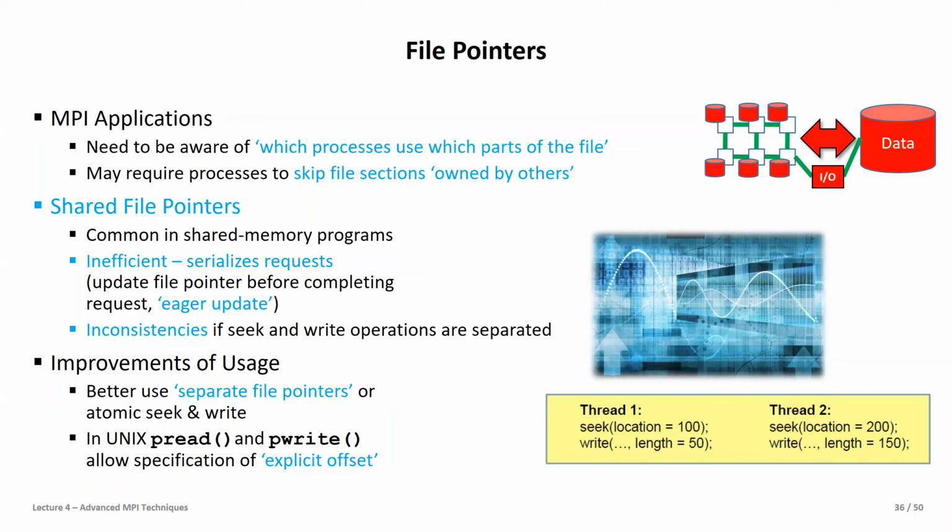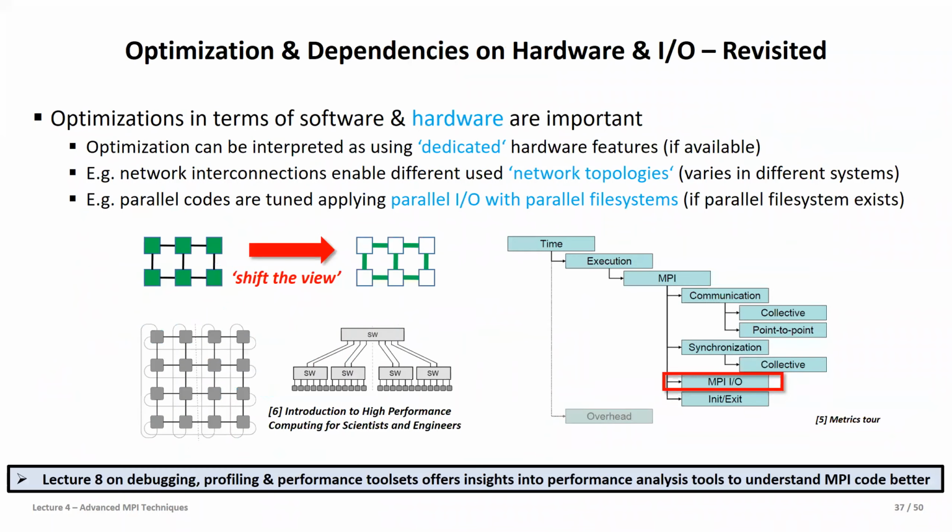The key way to loosen this bond is to have separate file pointers, where you get an improvement in usage and the idea of real parallelization out of it. But working with this requires a little bit of practical experience, so that's why parts of the practicals will be working in this direction. And then you have, of course, different optimizations and dependencies.